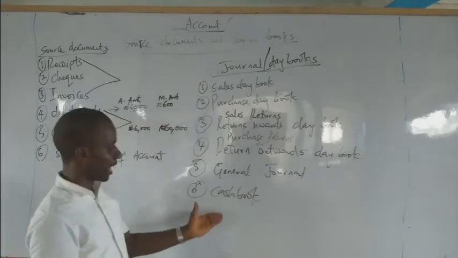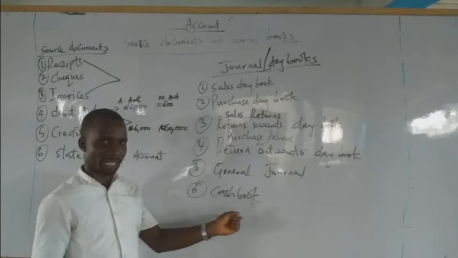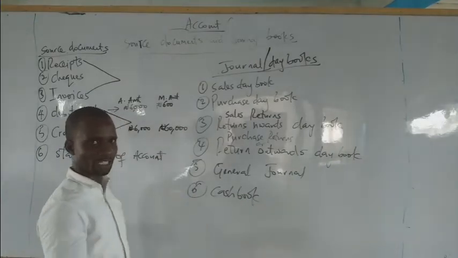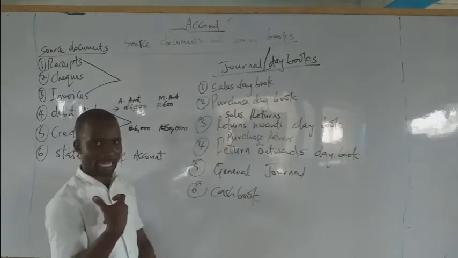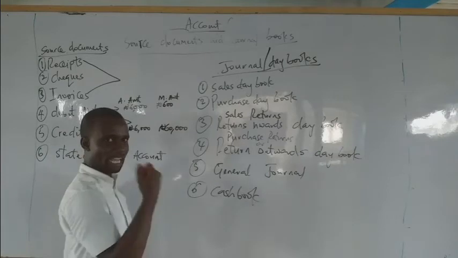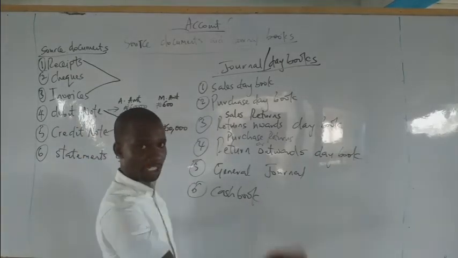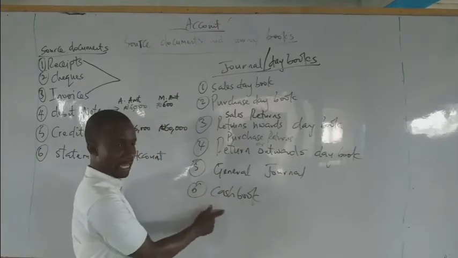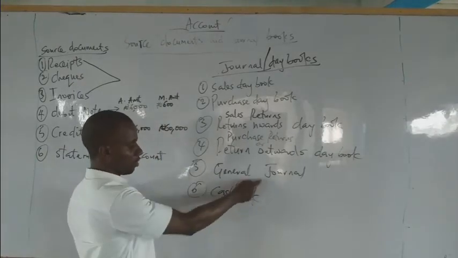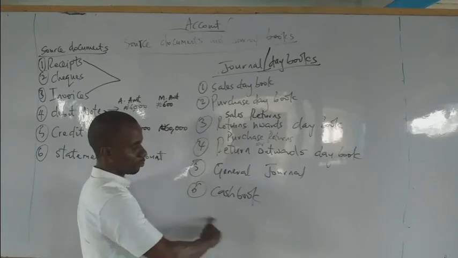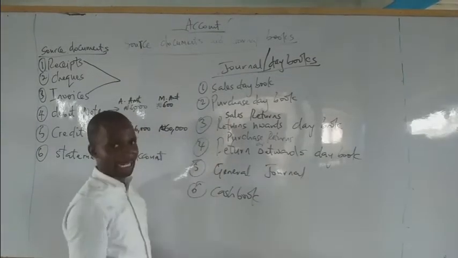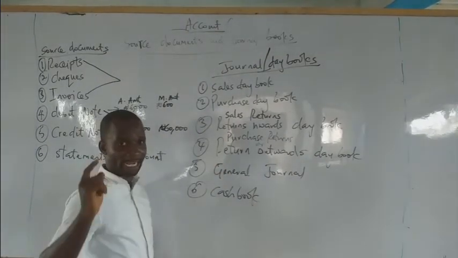Then the cash book, as the name implies, is for recording cash transactions. That means when you collect cash, either physical cash or cheque, it is recorded here, or when you give out cash or cheque, it is recorded here. So please take note, this is the only book that is both a journal and a ledger.